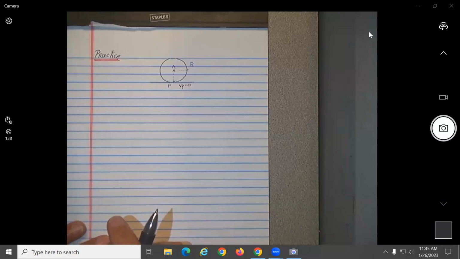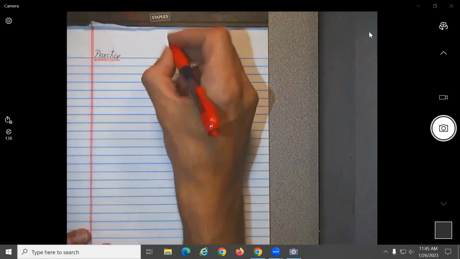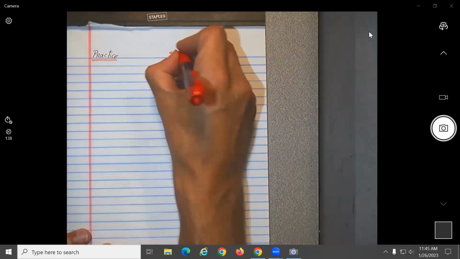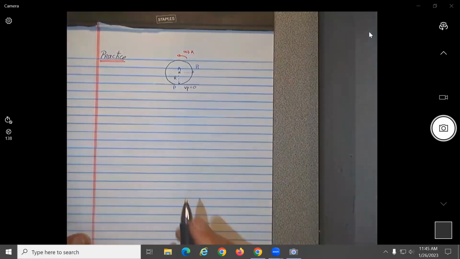So in this problem, let's say this is R, and let's say this has some counterclockwise angular velocity and acceleration, omega and alpha.